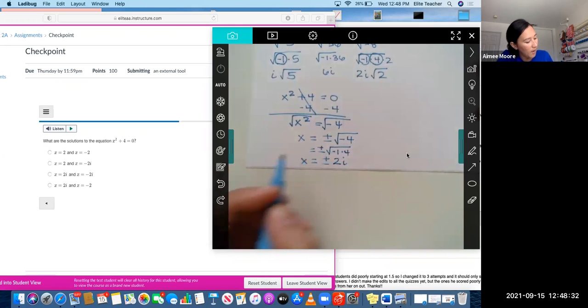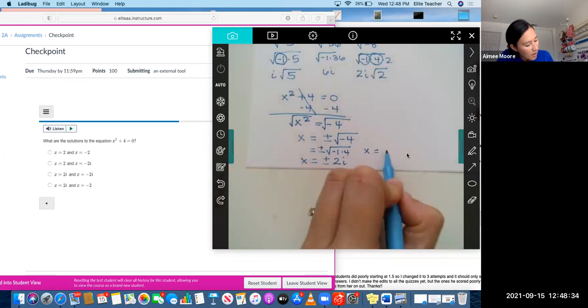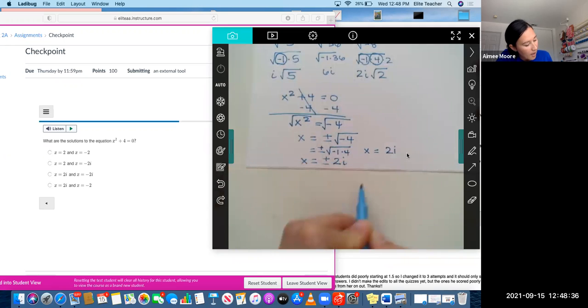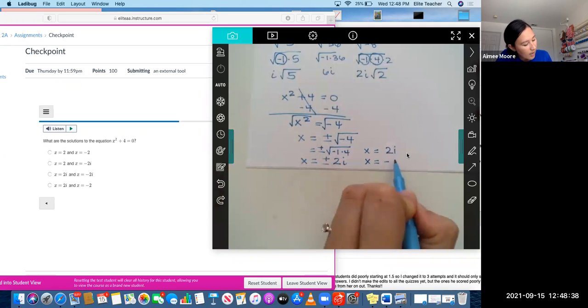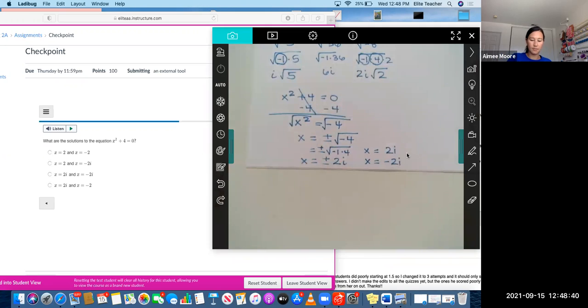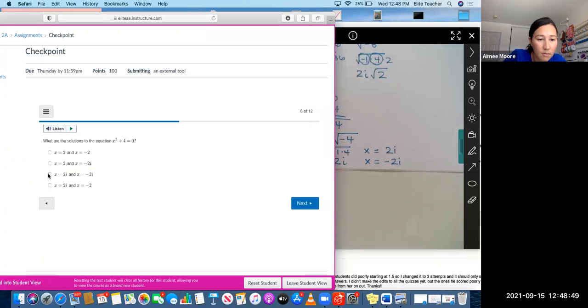So then we get x equals positive 2i and x equals negative 2i. So looks like it would be that one. Any questions on this problem?